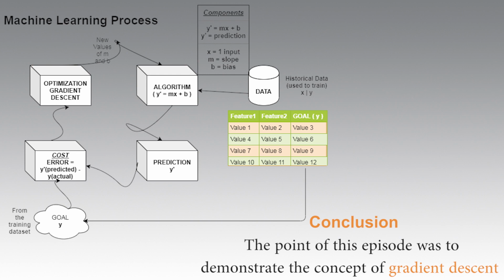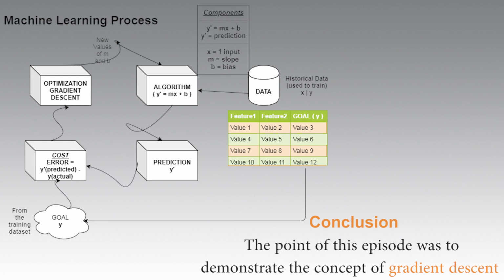We started off, as you can see in the diagram, with data, right? Data that we've processed, and that data we said is more or less in a tabular format. We took one row of that data and we fed it to our algorithm, which is y equals mx plus b. We calculated a prediction from our algorithm based on the input values that came from our data.